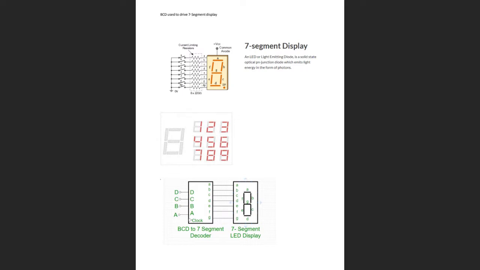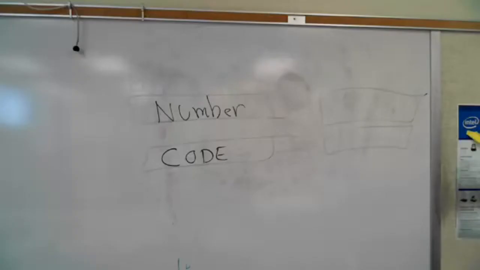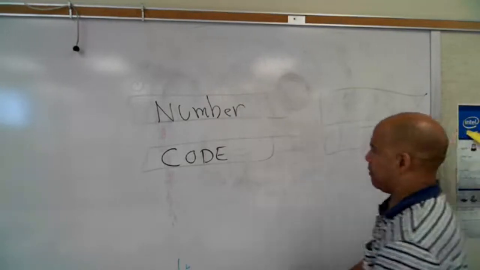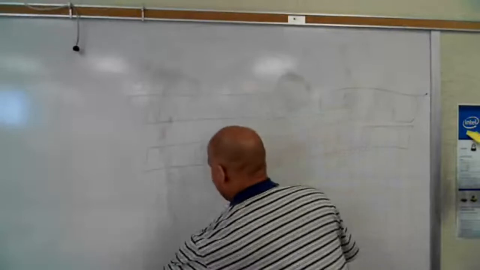They're rectangular diodes, and there are seven of them, all labeled A through G. If you think about the way this drawing is, depending on which of these switches you close over here, you can light up certain diodes.